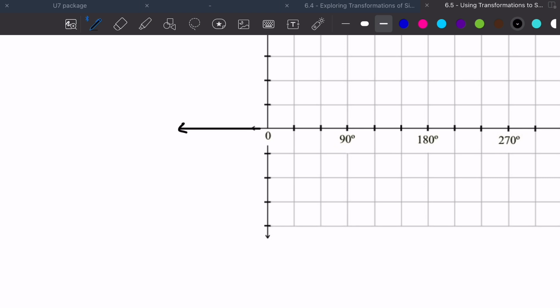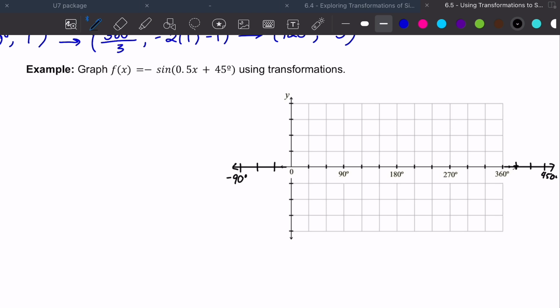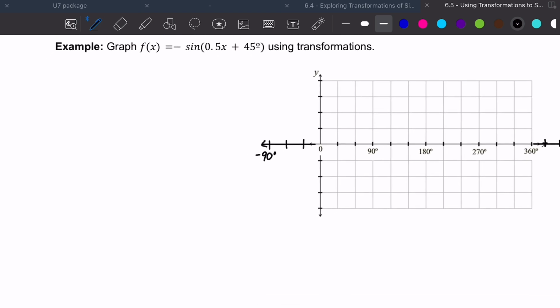So we would need at least 1, 2, 3 to go to -90, and then I believe 3 more on this side. Ooh, to go to 450. So 1, 2, there we go, 450. So I would recommend pause this video, try it on your own, see if you can get the same shape.